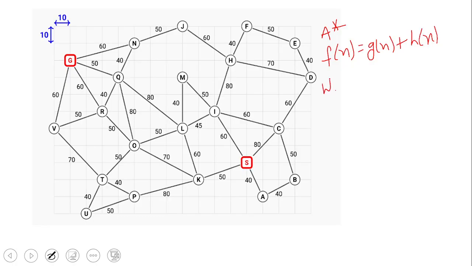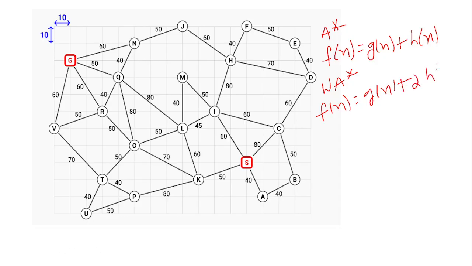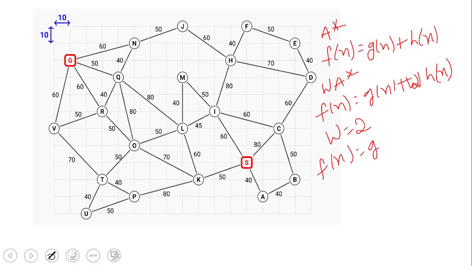Now in the WA star algorithm, the evaluation function f of n becomes g of n plus W into h of n. They have given W equal to 2, so our evaluation function is g of n plus 2 into h of n. Whatever the W value, we need to write W into h of n.